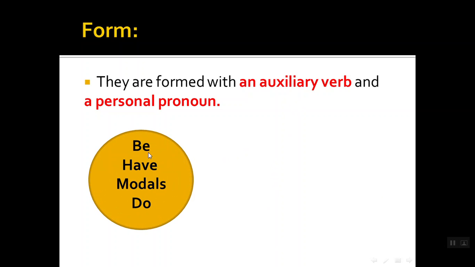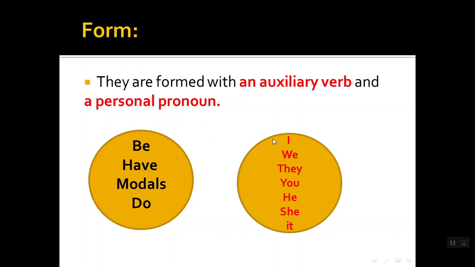Auxiliary verbs can be from the verb be, have, or modal verbs, or do. Be like am, is, are, was, were. Have, has, or had if it is in the past. Modal verbs like will, would, can, could, etc. Do like do, does, and did if it is in the past. These are auxiliary verbs or helping verbs.